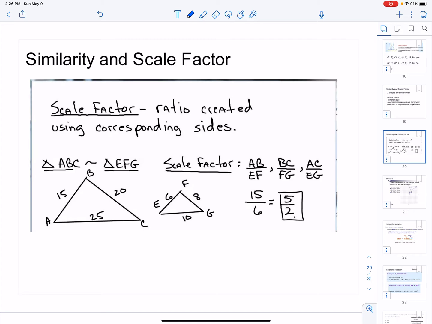So if the example that I'm using says, what's the scale factor between the two in this one? Because this is greater than 1, I'm going from this one to this one. But what if I was going the other direction? The other direction then would have a scale factor of 2 to 5, okay? Because I'm going from big to little.